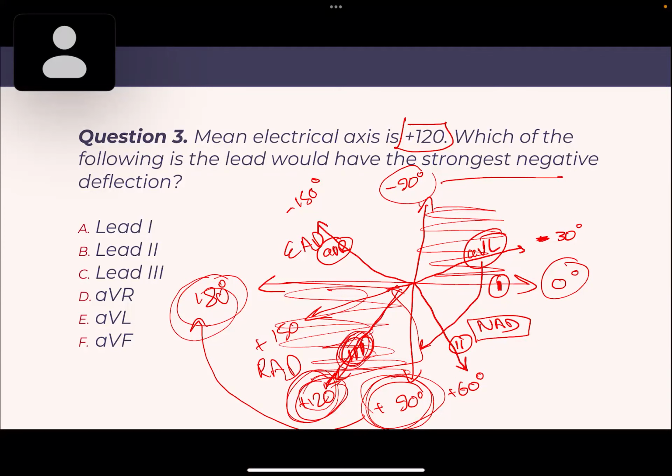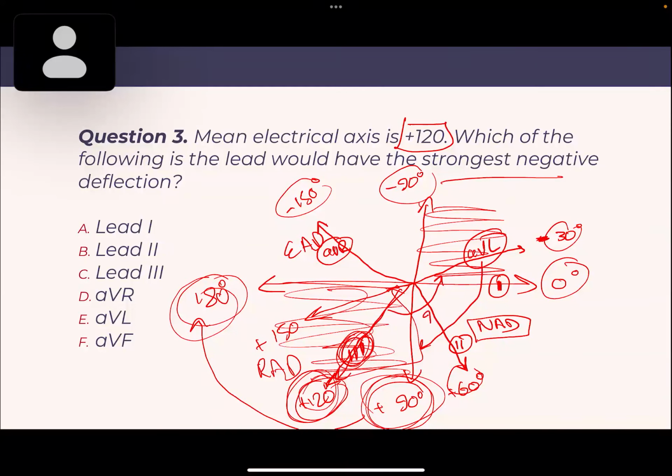And they're asking, what is the strongest negative deflection? What is that supposed to mean? This basically means something that is the complete opposite or perpendicular to it. So what's perpendicular to positive 120? Is it this one, or this one, or this one? AVL? 120 minus negative 30, that's more than 90 degrees.